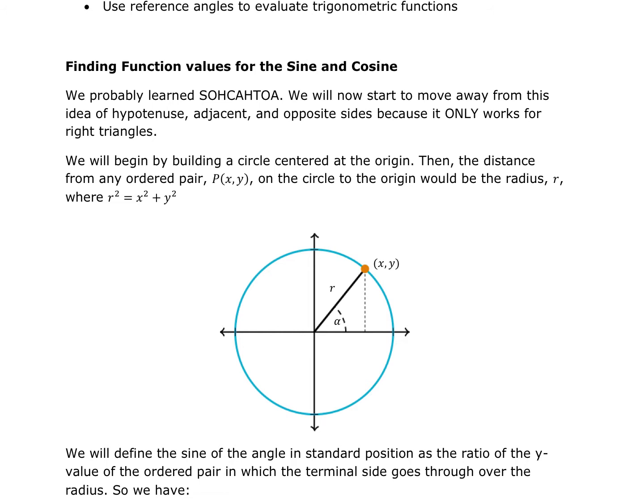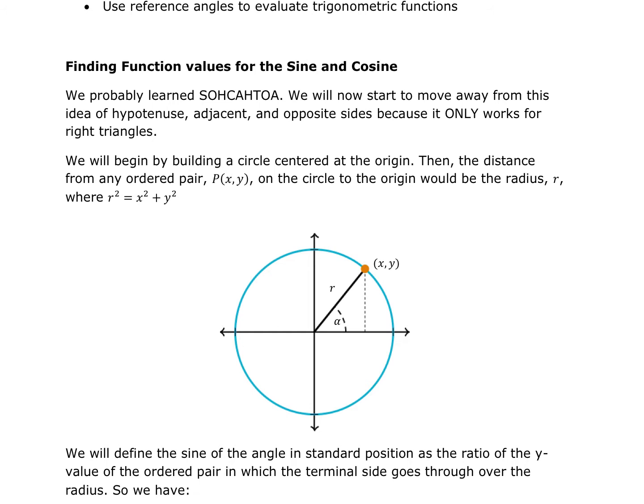The distance from the origin to a point (x, y) on the circumference of the circle is the radius, so that's nothing new. If we define it in terms of the distance formula, where our initial point is (0, 0), we end up with r squared is equal to x squared plus y squared.